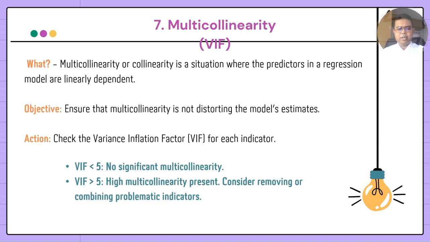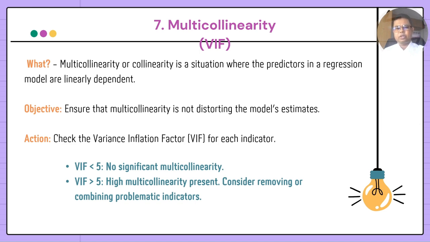We can check it. For theoretical purposes, the VIF value should be less than 5 and should not be greater than 5. Honestly speaking, if your VIF value is greater than 3, maybe you will fall into a problem.